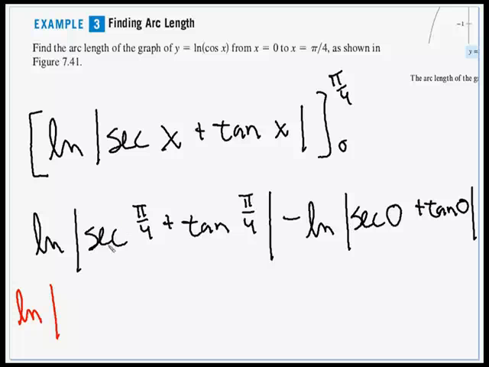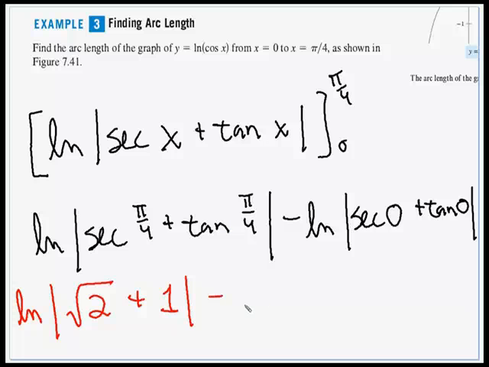Well, that is the reciprocal of cos of 1/4 pi. Cos at 1/4 pi is square root of 2 over 2. So secant of 1/4 pi is 2 over the root of 2. And if we rationalize the denominator, we're going to get 2 square roots of 2 over 2, or just the plain old square root of 2, plus the tan at 1/4 pi is 1.